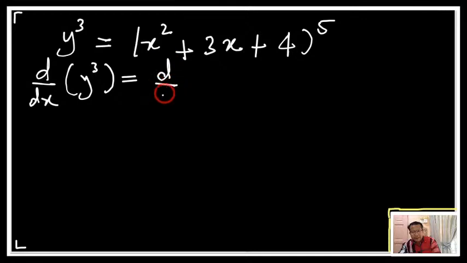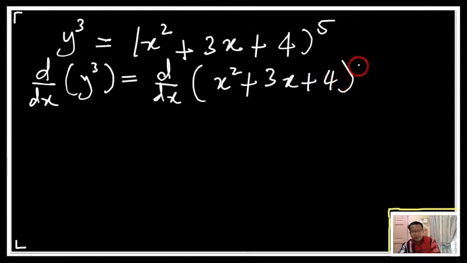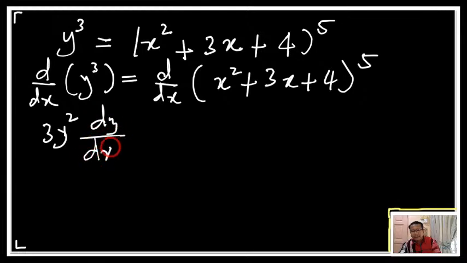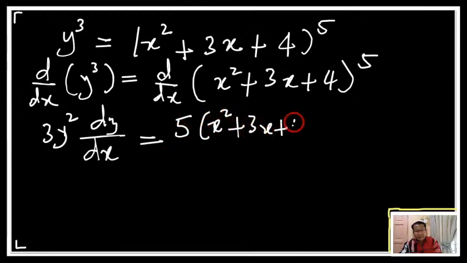So you have d/dx of (x squared + 3x + 4) to the power 5. This one, 3y squared dy/dx equal to, chain rule, 5(x squared + 3x + 4) to the power 4.